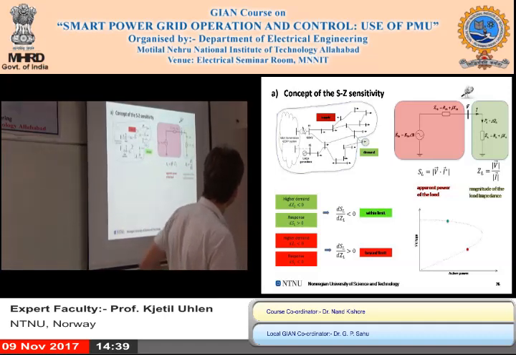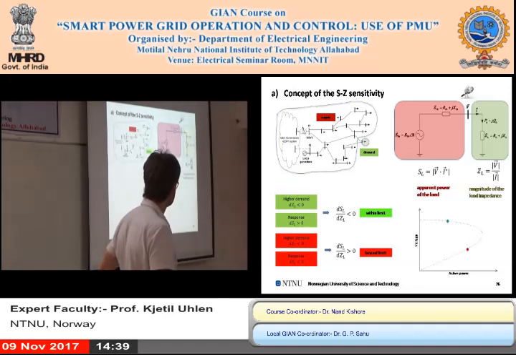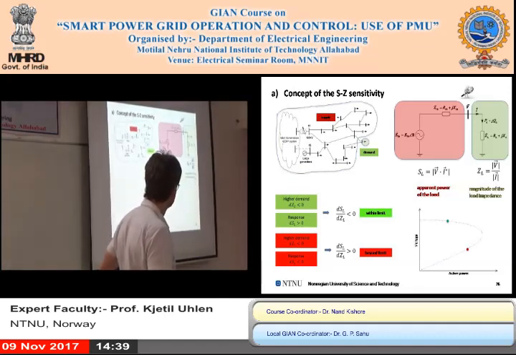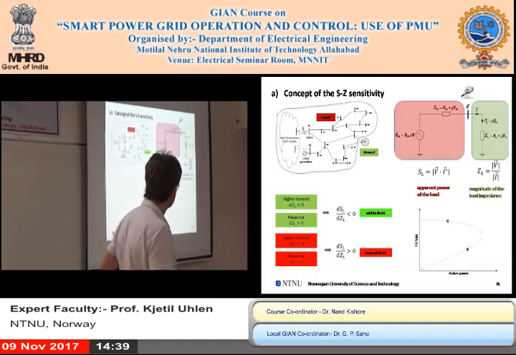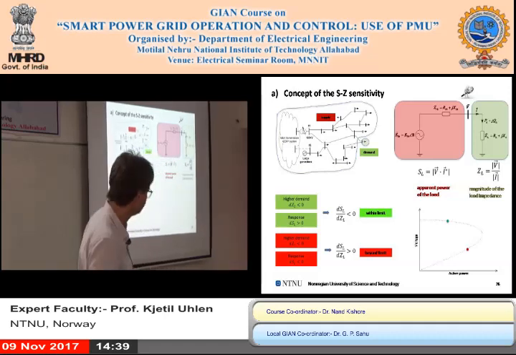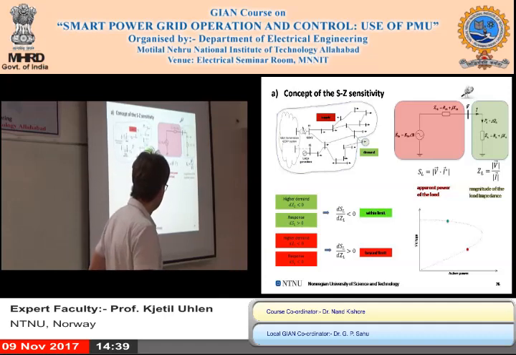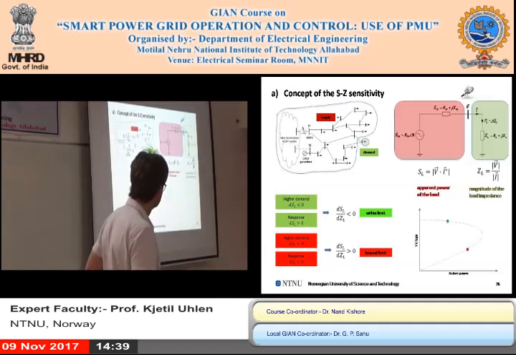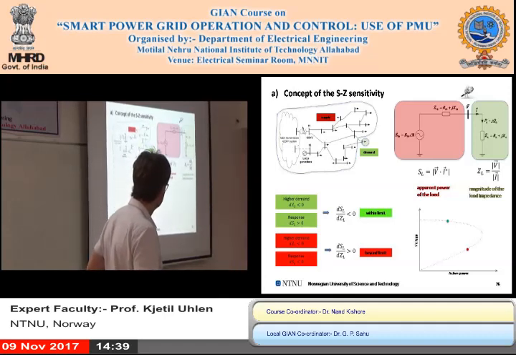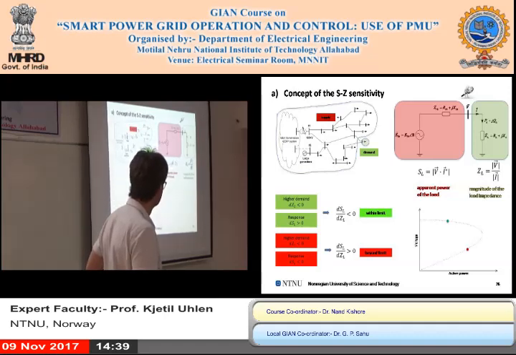Now, what you can do here with the voltage and current measurement is compute the apparent power, for example, and take the magnitude of that. You can compute the load impedance by dividing the voltage by the current, and take the magnitude of that.